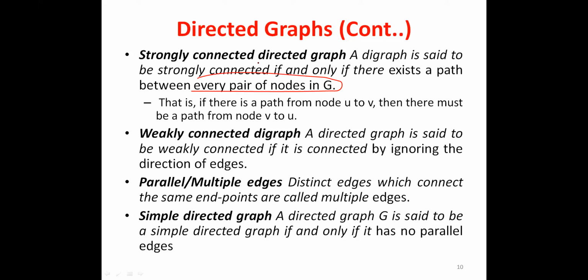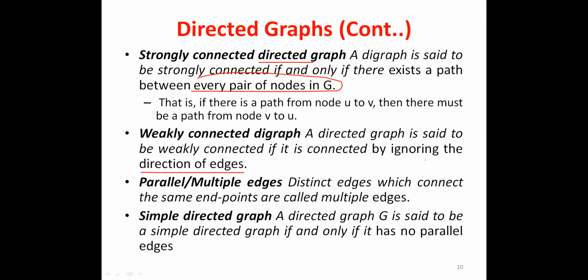I am telling about the directed graph. A weakly connected graph: a graph is said to be weakly connected if it is connected when ignoring the direction of edges. An undirected graph, where we don't have any direction on the edges, can be called weakly connected.